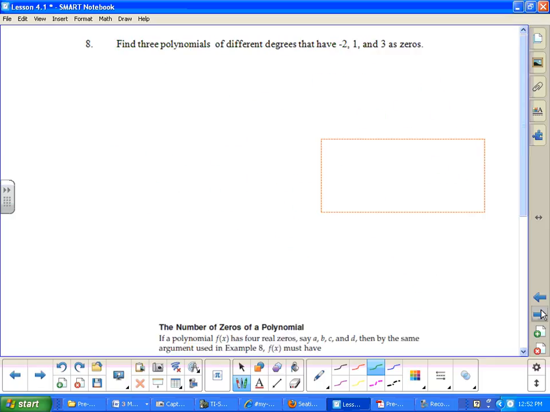All right, so number 8 here says find 3 polynomials of different degrees that have negative 2, 1, and 3 as zeros. And to be honest with you, this is the easiest part of this lesson. It really is, Melissa.